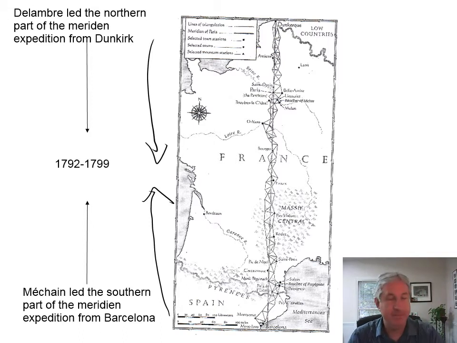And they meet, I'm not sure if I can find it on here. One of these guys went a little farther than the other one. I think they met in Rodez down here. So anyway, that was there.